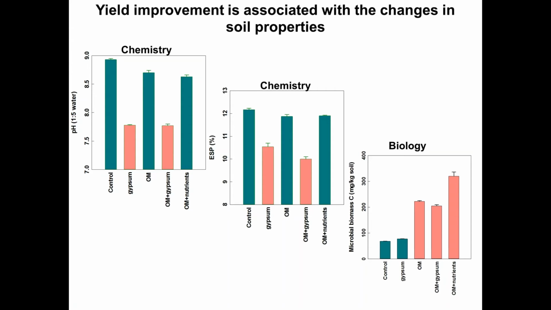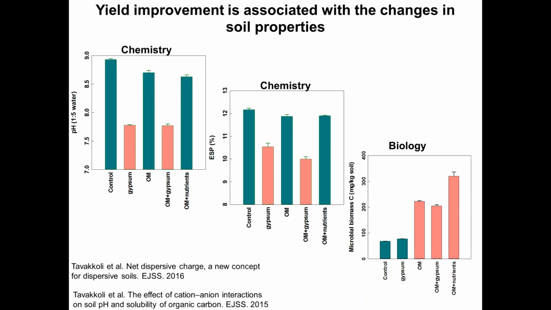Because it's a biological mechanism, as soon as you put in organic matter, or organic matter plus nutrient, the microbial activity increases, because organic matter is a source of carbon and nutrient, and basically we build up that microbial biomass carbon. So the effect of organic matter is mainly on building up that carbon for aggregation to act as a binding agent. To put all these mechanisms together: a reduction in pH by gypsum, a little bit of reduction in the ESP by gypsum, and a massive increase in microbial biomass carbon.